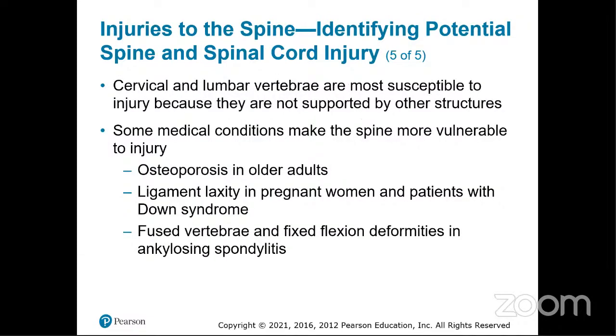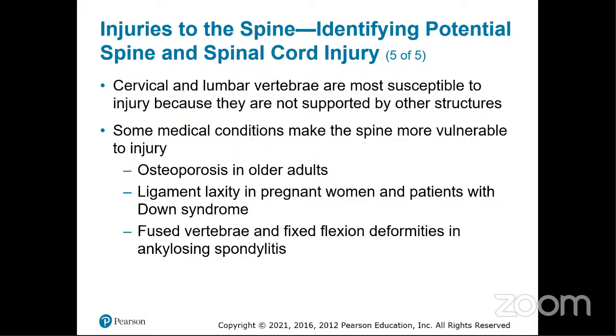Cervical and lumbar vertebrae are the most susceptible. Why? Why are they so susceptible? It says they're not supported by other structures, right? So what other structures in the thorax support that? Your rib cage, right? Up in the neck, is there any way to support it?